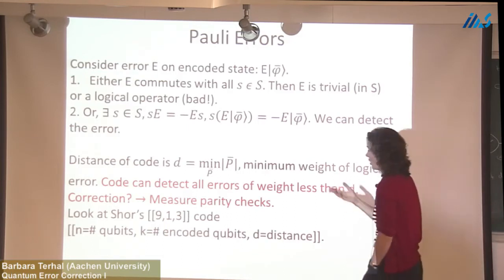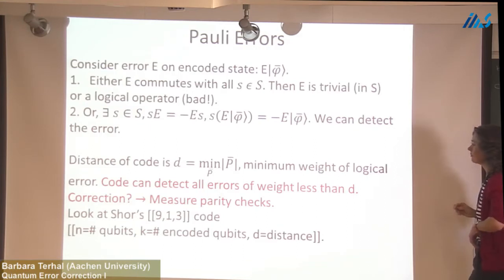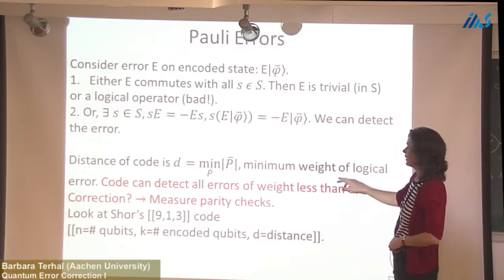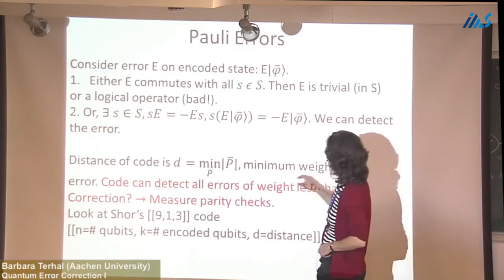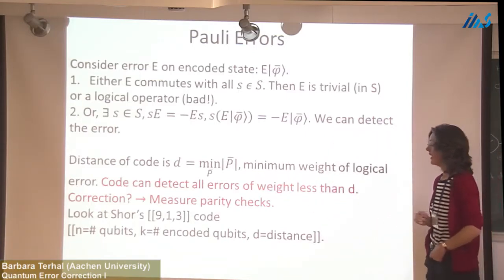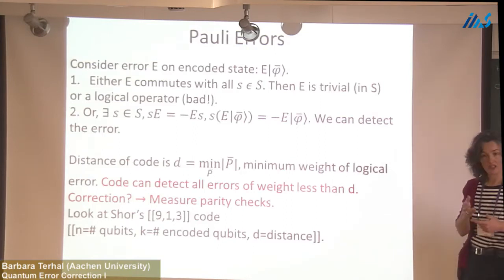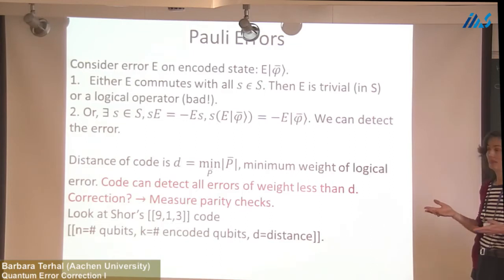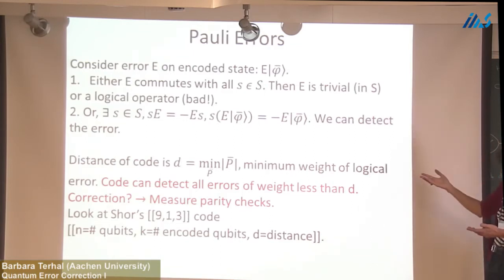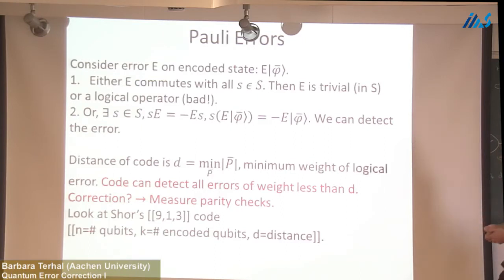Now, the distance of a code, like this qubit code, is defined as follows. It's the minimum weight of a logical operator. Like I said, the logical operators are not unique. First of all, there are at least 2 of them, so I have to look at the one with minimum weight, and they're also not unique, since when applying elements of the stabilizer to it, I may get an operator with lower weight.